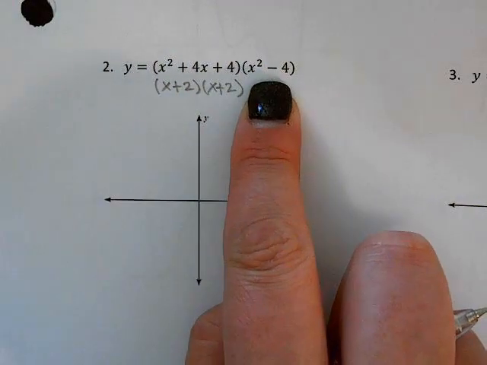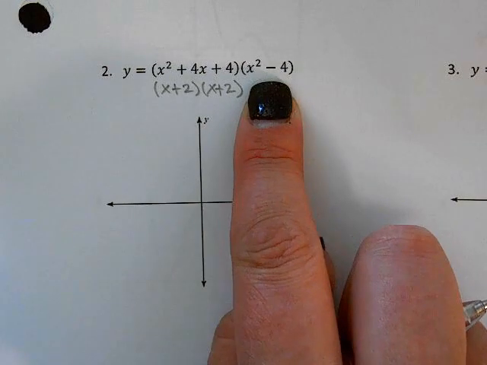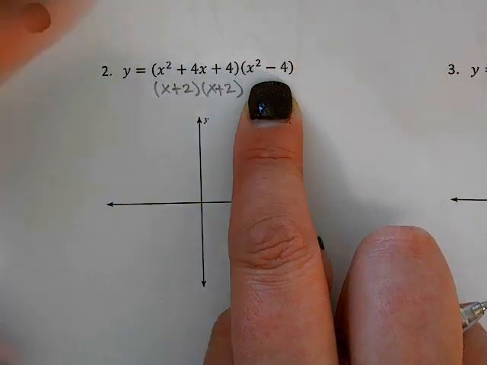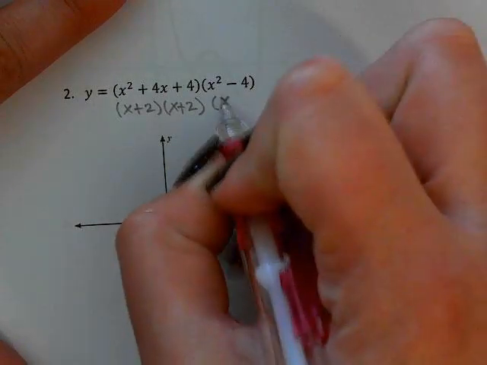And then if you factor x squared minus 4, what would you get? The difference of squares, x minus 2, x plus 2.